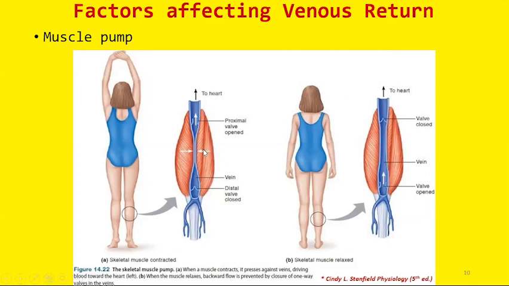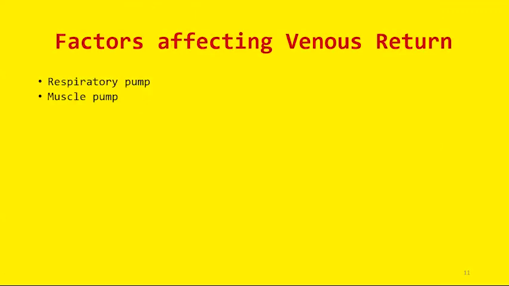During muscle contraction, what happens? This proximal valve opens. Opening of this proximal valve will pump the blood from the lower limbs into the right atrium. And this is known as the muscle pump. So respiratory pump and muscle pump are two important factors that affect venous return.